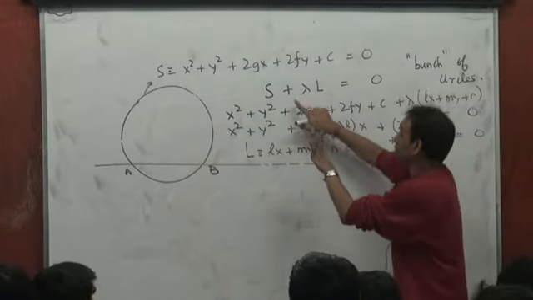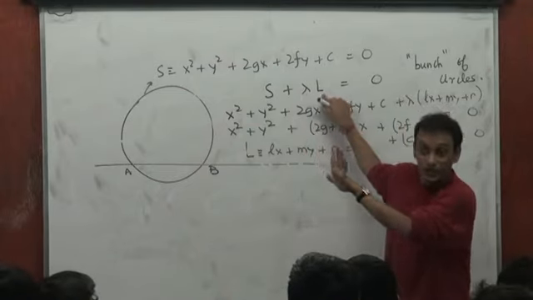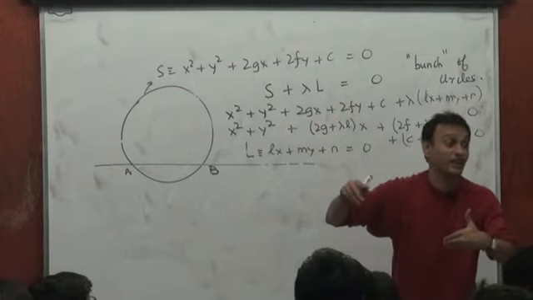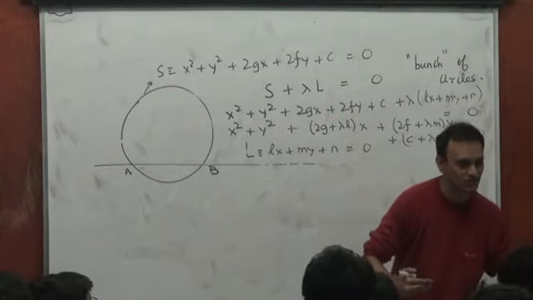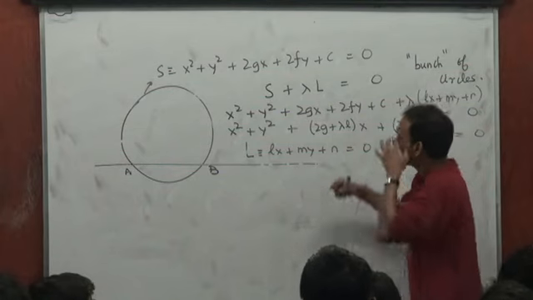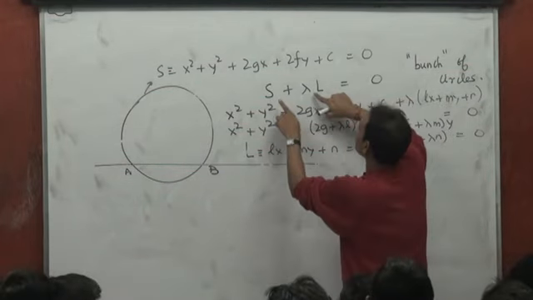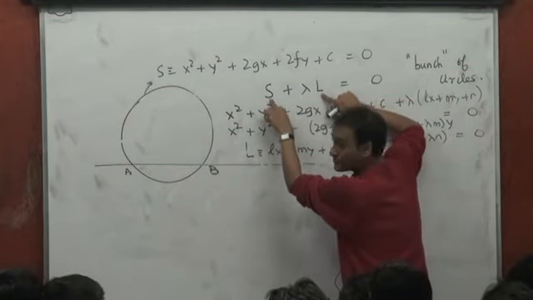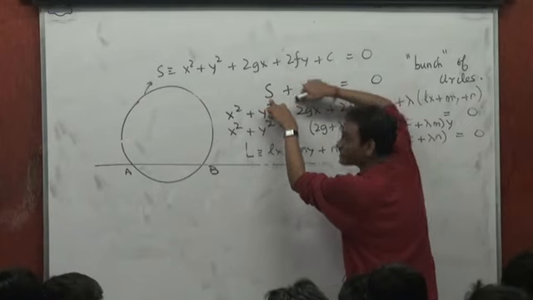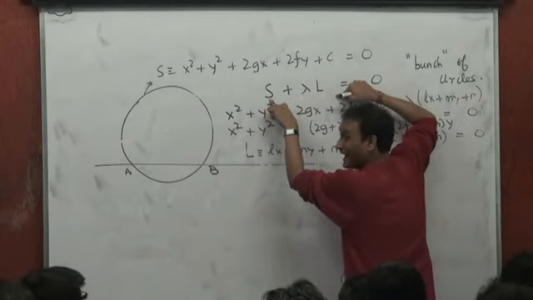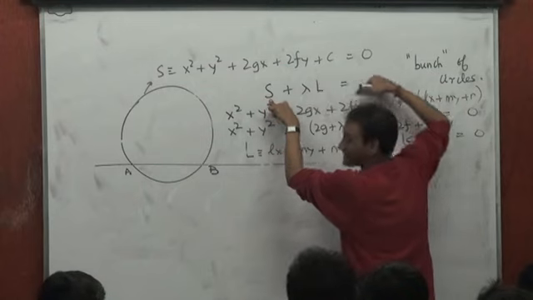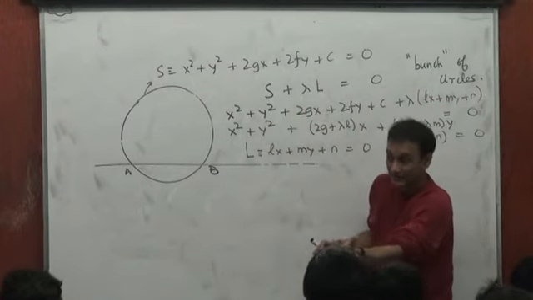So now this circle, S plus lambda L equal to 0, I want to see if A lies on this circle for different lambdas. If I plug in the coordinates of A in this, then S will become 0, L will become 0, and therefore this will become 0. That means A lies on this circle for any lambda.